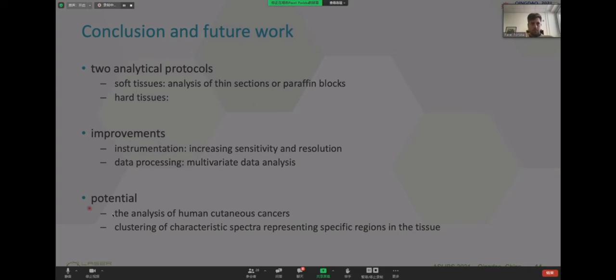And finally, the potential here, as you have already seen also from our other publications, you can see that the analysis of human cancers and some sort of implementation of LIBS to clinical research might be something, a motivation for next and ongoing research.